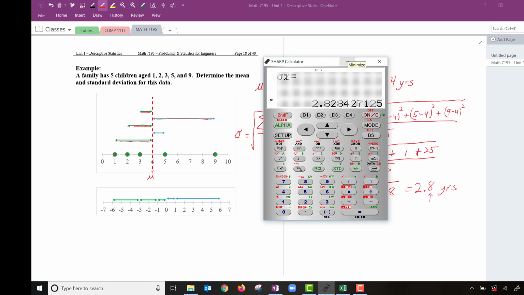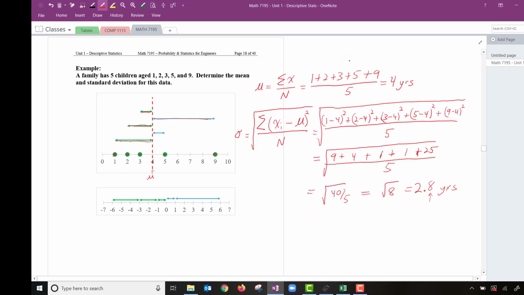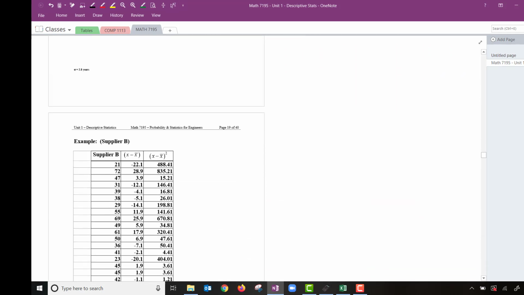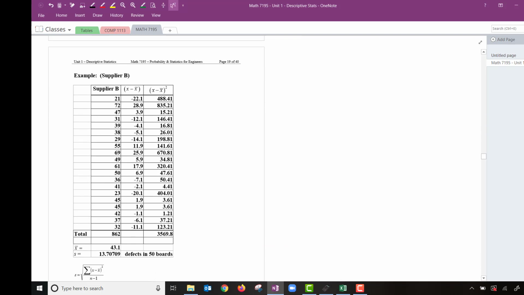So you don't really actually have to do standard deviation by hand, because it's really tedious when you have larger data sets in particular. In the example that we had, we chose supplier B, and supplier B was the one that had the lower mean. To calculate its standard deviation, I took its mean.